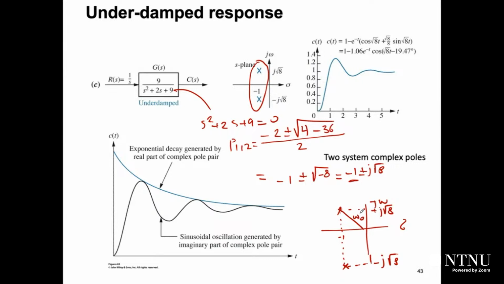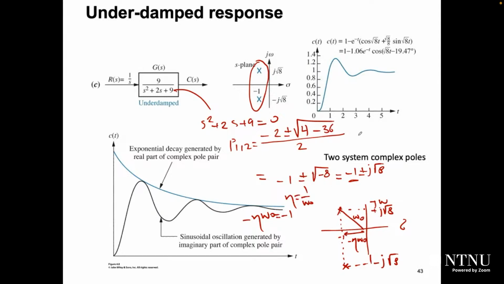The real part will be minus zeta multiplied by omega 0. So minus zeta omega 0 equals minus 1, and zeta will be 1 divided by omega 0. We need to find omega 0.